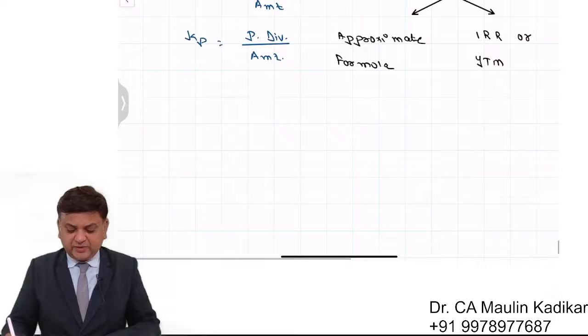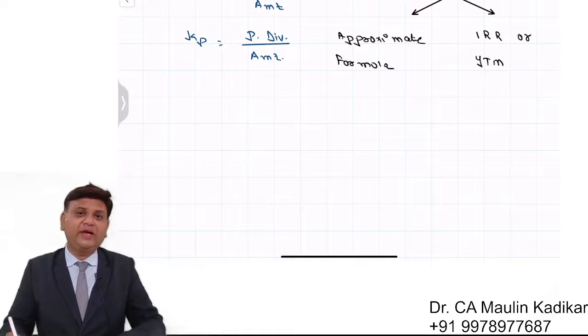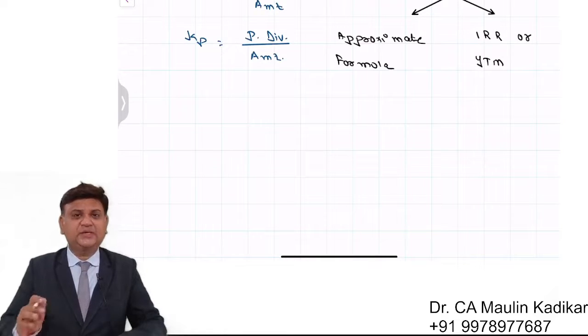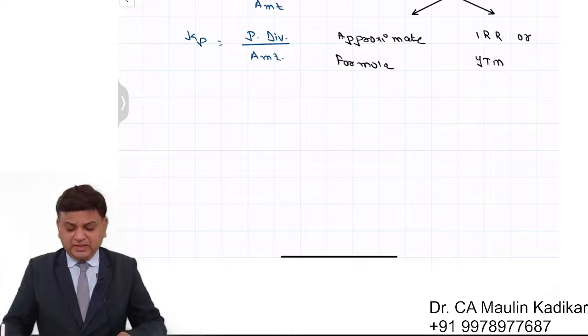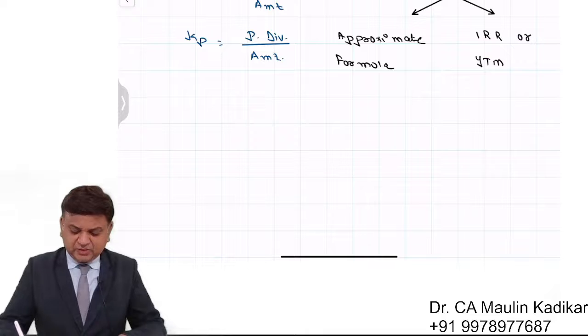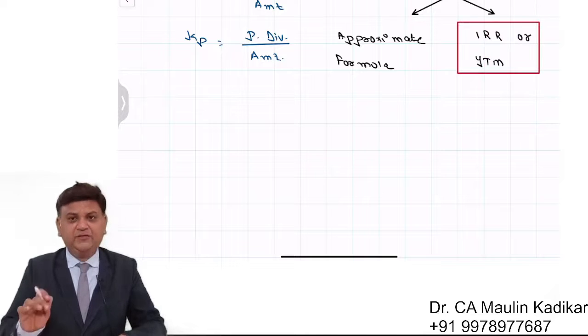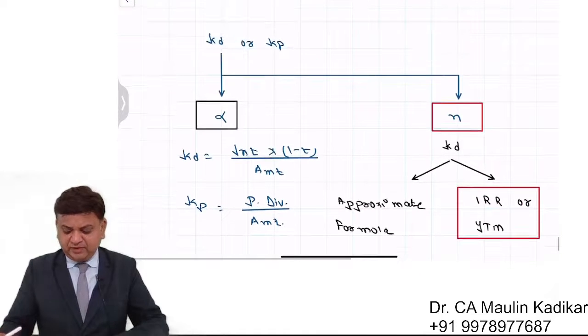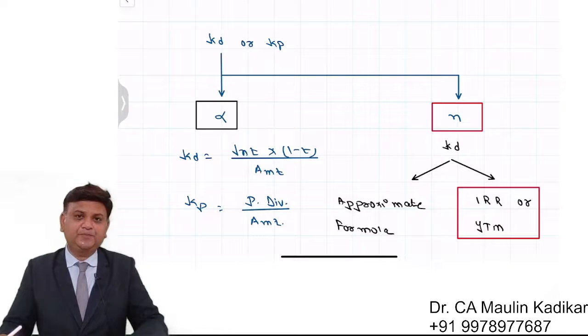In case of the approximate formula method, how will we calculate the answer? That is what I am discussing with you. Dear students, we are required to follow the IRR method, also called the YTM method, only if we have been provided with that specific information.